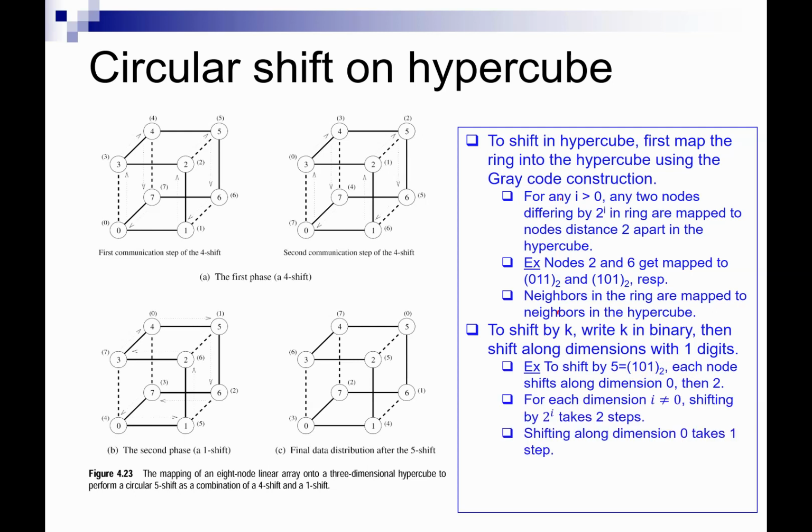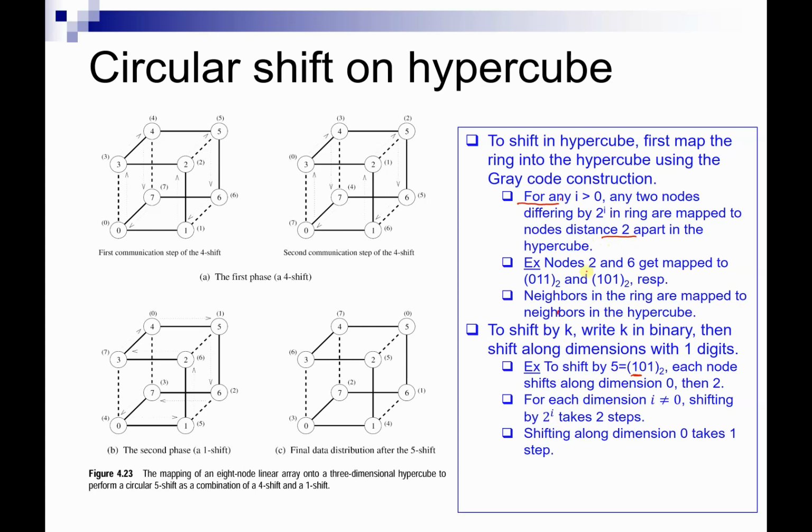So in each dimension which is different from 0, for example in dimension 2, if we want to shift by 2 to the i, then by this property, when you want to move every node up by 4, by 2 squared, the distance you need to travel in the hypercube is just 2.